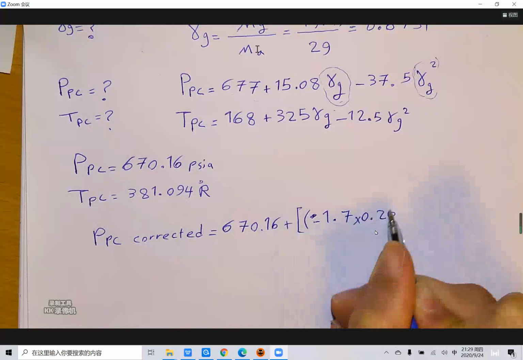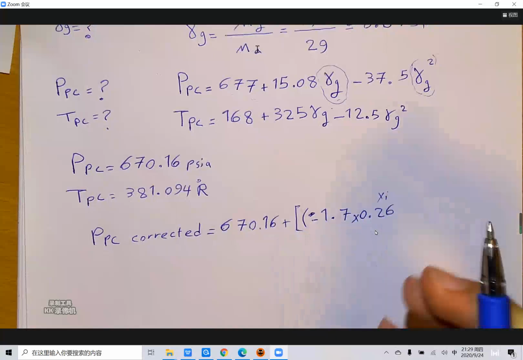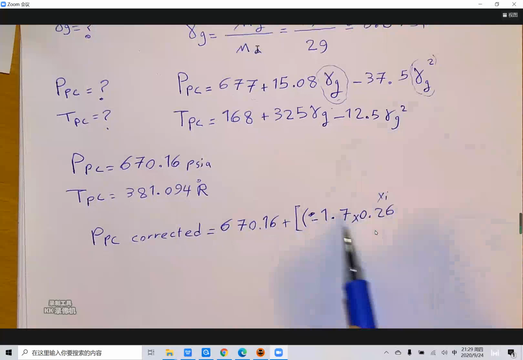This is the mole fraction, this is the correction value, and this correction is for N2.